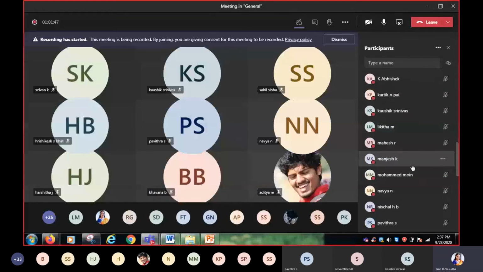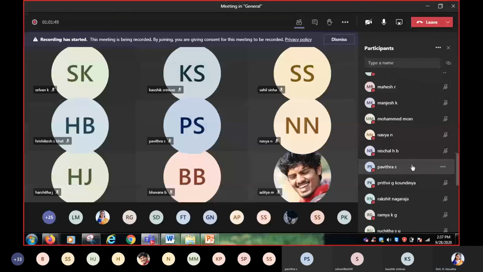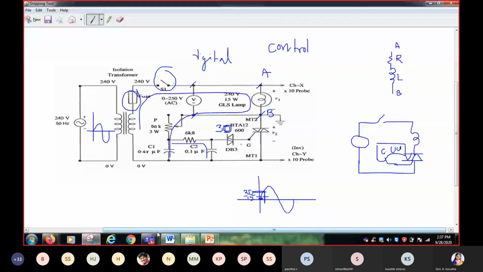Any other formula do you know? Prithvi? Only that, ma'am, Q by C. In electric circuit analysis, did we use only Q by C for the voltage across a capacitor?